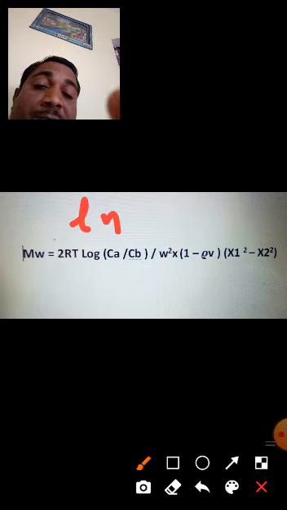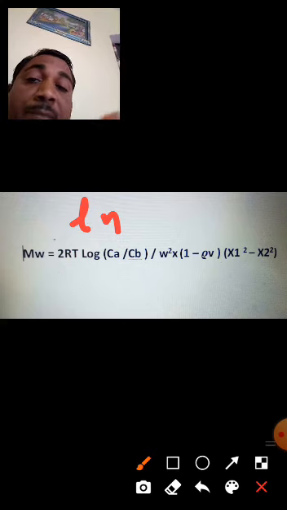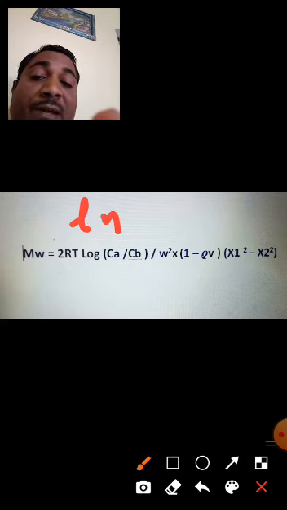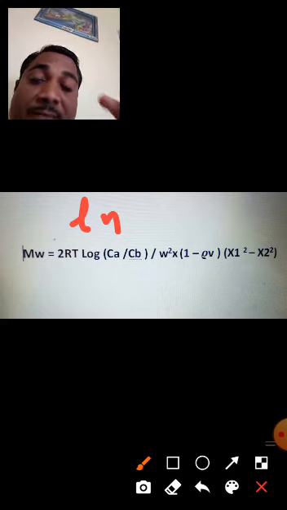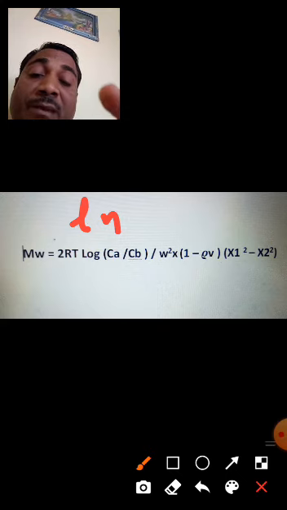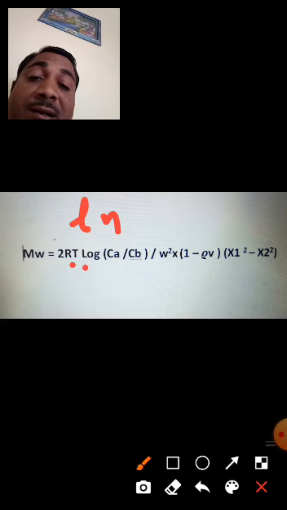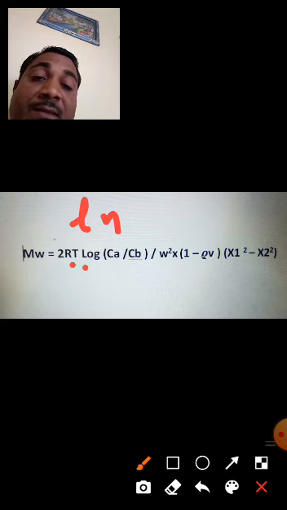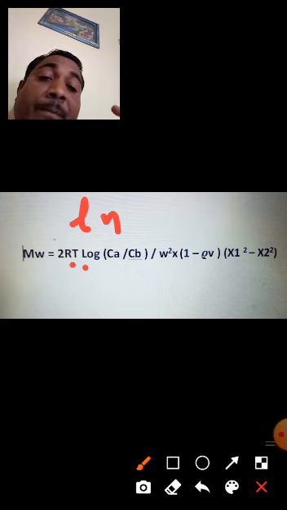Here we have to express the meaning of all the terms used in that formula. Mw is the weight average molecular weight of the given polymer, which we have to calculate. R is the gas constant, T is the temperature, ln means log e. Ca is the concentration of solvent in the A part, Cb is the concentration of solvent in the B part.